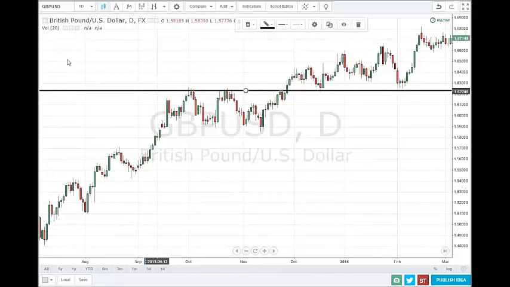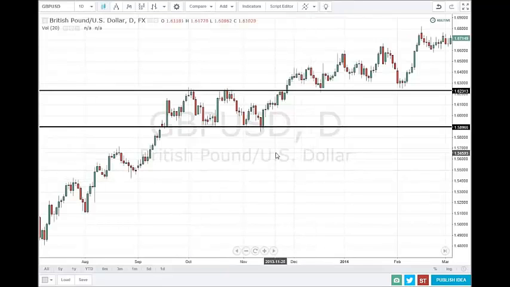Here's our resistance. Here's our support. Price comes up to this resistance. We could sell a put option, especially because we have a bearish engulfing candle there. Price breaks out of that resistance and then comes back to test the resistance, now turned support.